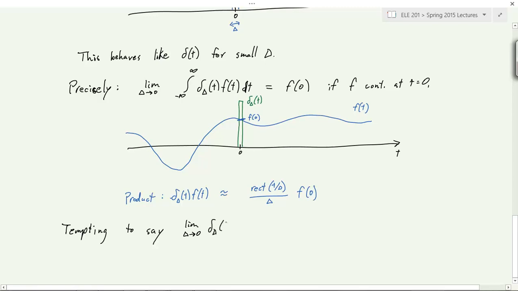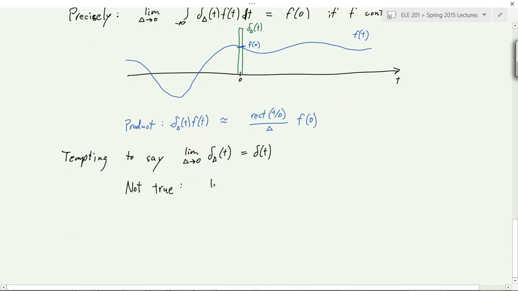That's sort of tempting to say, but that's not actually true, because if you take that limit, the limit as delta goes to 0 is going to be 0 for all values of t that are not 0. There's going to be infinity for t equals 0.